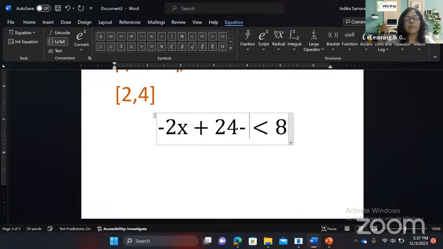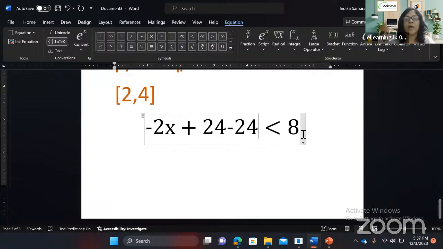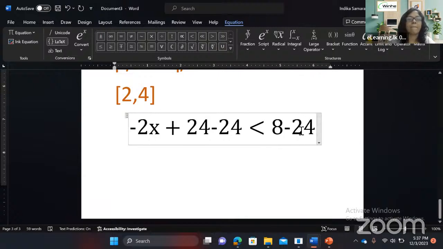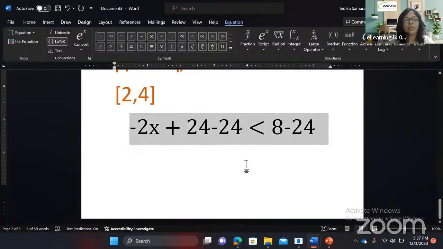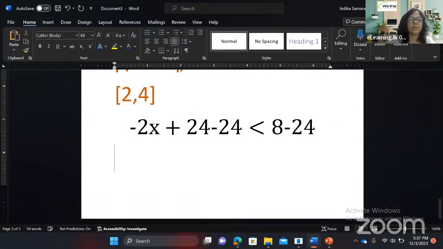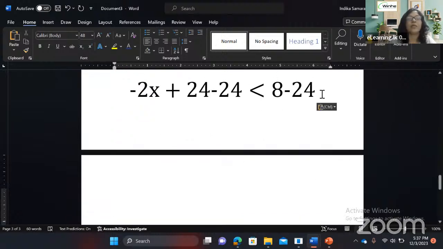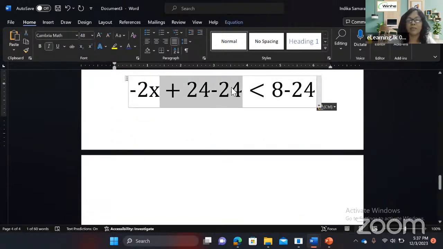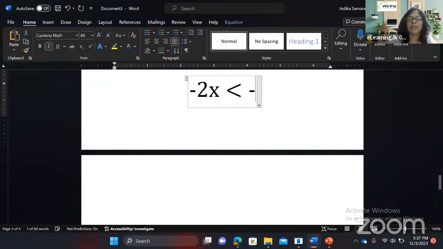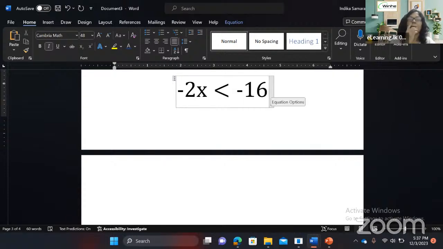You can subtract 24 from both sides. Then plus 24 minus 24 will become 0, so this part will become 0. Minus 24 plus 8, the signs are different, so the answer is minus 16.